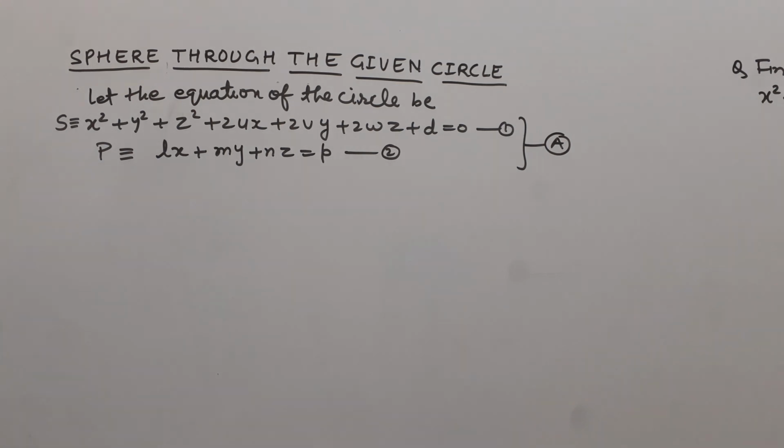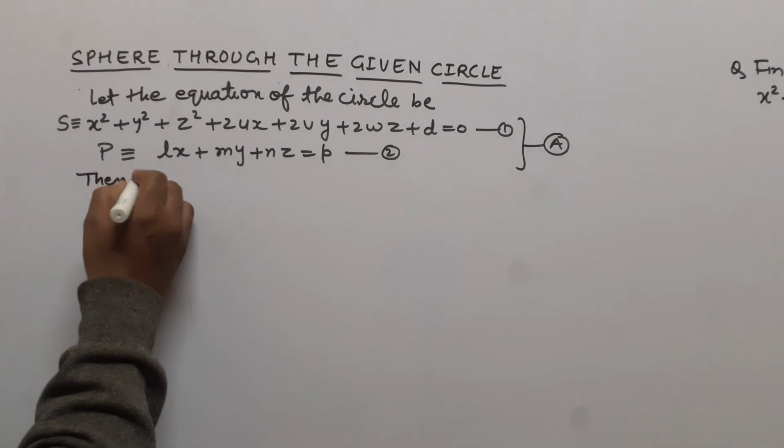Here we know that if we take two equations, one the equation of a sphere and the second the equation of a plane, together, then both equations represent the equation of a circle.